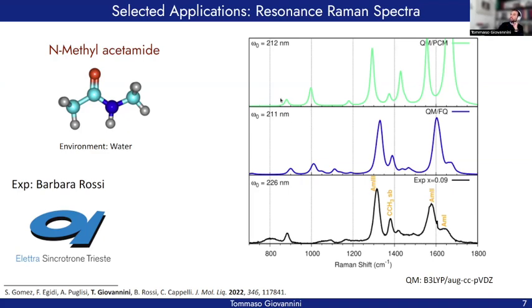And again, you can see the agreement that we get with our fully atomistic approach with the experiment, with respect to the QM/PCM that is completely wrong and out of scale with respect to the experiment, which is normalized with respect to the amide III band.